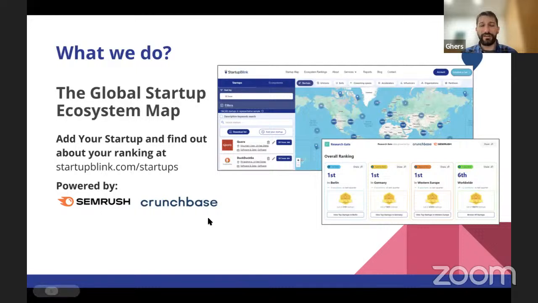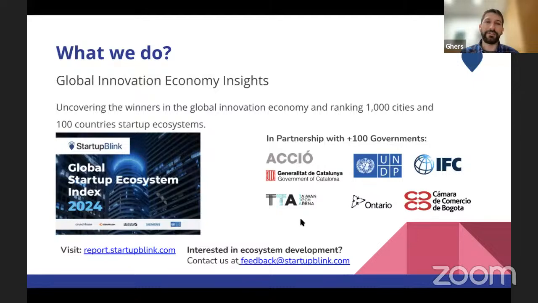startupblink.com/startups. We are in partnership with SEMrush and Crunchbase to analyze this data. With the data that we get on the StartupBlink Global Startup Ecosystem Map, we have an algorithm that crunches all this data, and with this algorithm we rank 1,000 cities and 100 countries around the world according to the strength of their startup ecosystem.